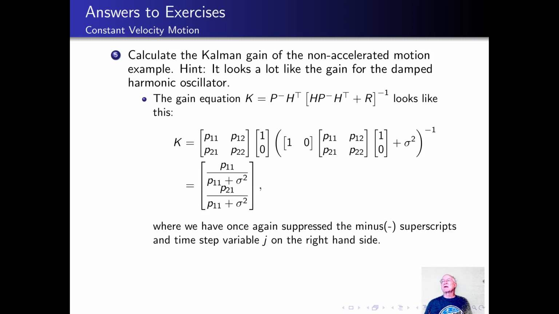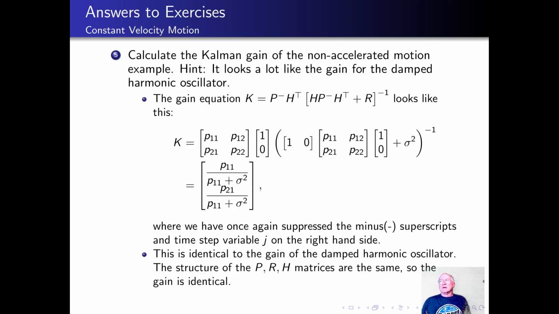Now here we've once again suppressed the minus superscripts on the right-hand side and also the time step variable j just to declutter things, but keep in mind that they need to be there. So the reason this is identical is because the structure of the P, R, and H matrices is the same as it was in the damped harmonic oscillator. So same structure for the gain and the same kind of measurement model.